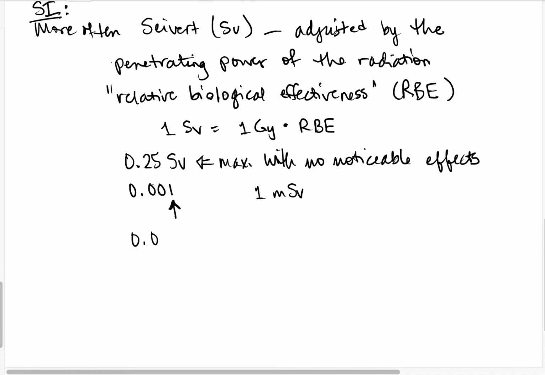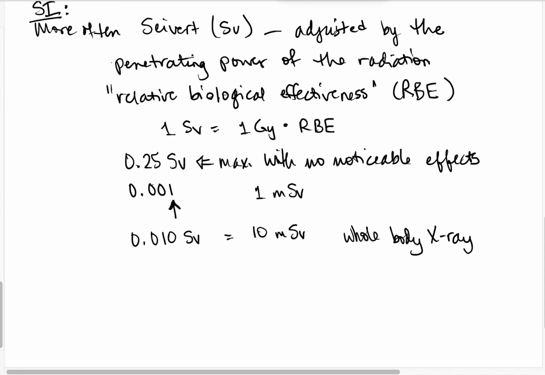And this is if you get a whole body X-ray. Everything else is less than that. And you can see that this is more than 10 times smaller than that maximum dosage with no noticeable effects.